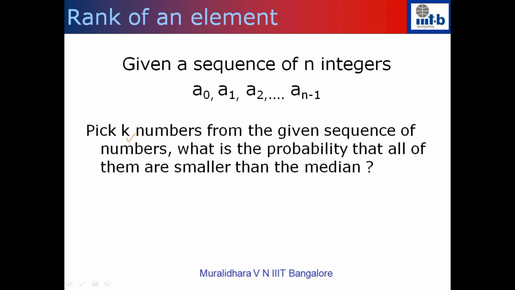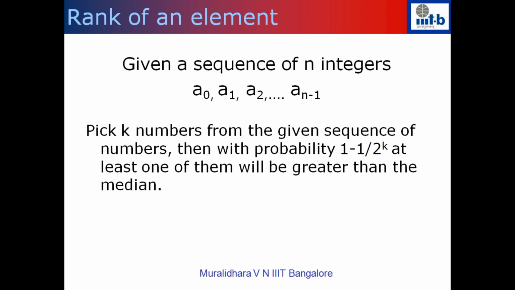The probability that one of them is smaller than the median is 1 by 2. So the probability that if I pick two of them, both of them are smaller than the median is 1 by 2 into 1 by 2. I am assuming that the k numbers are chosen independently at random, right? So if I choose k numbers, the probability that all of them are smaller than the median is 1 by 2 to the power k.